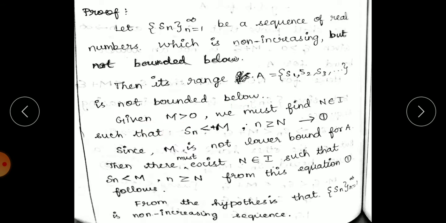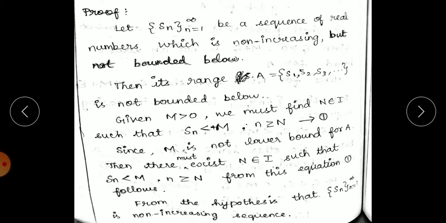Given m greater than 0, we must find N such that Sn is less than minus m. As per the definition, m is not a lower bound for A. There must exist a positive integer N such that SN is less than m, and as per the definition, n is greater than or equal to N from this equation 1.